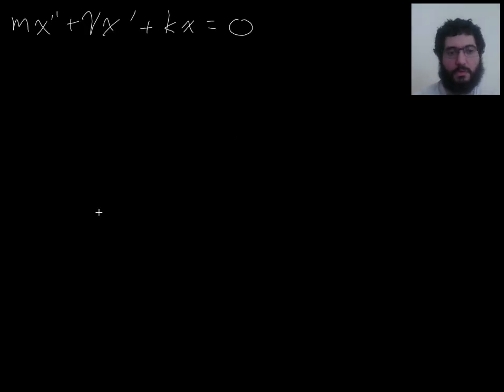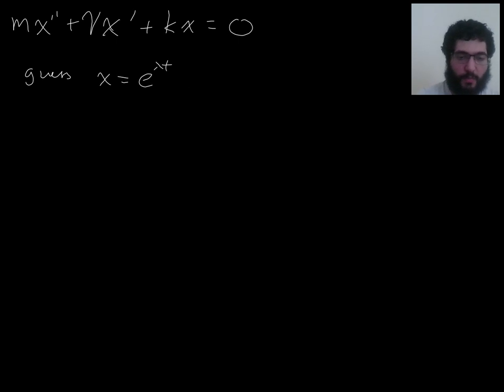Okay, so we have a general method that always works now, and that's to start by guessing x equals e to the lambda t. And we plug in the guess, and we get a characteristic polynomial, m lambda squared plus gamma lambda plus k equals 0.